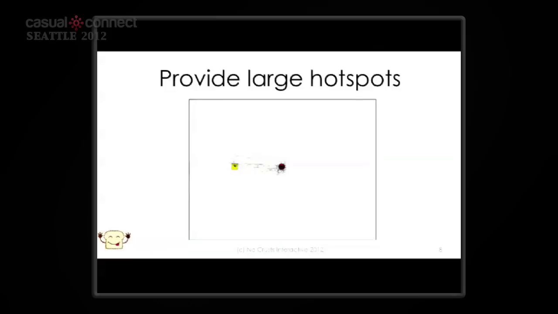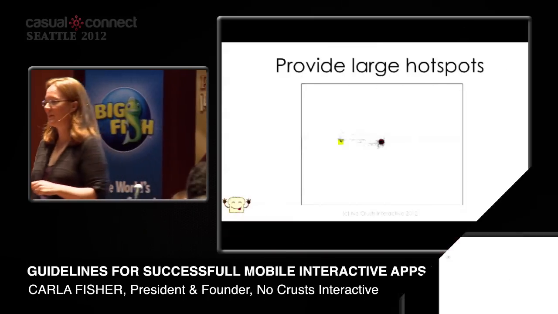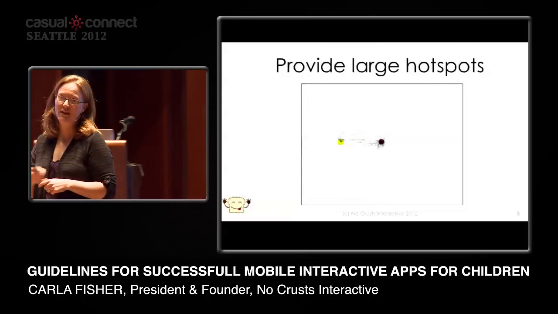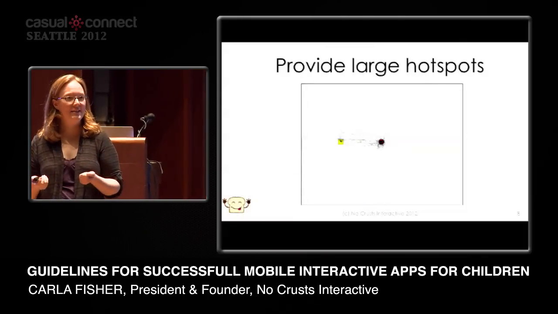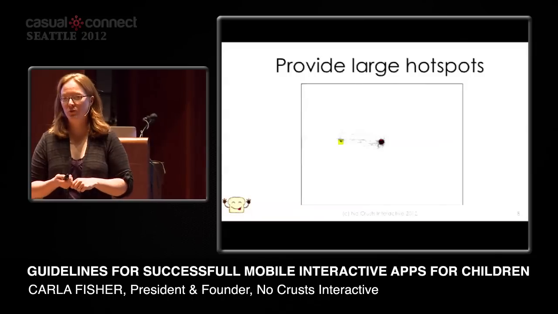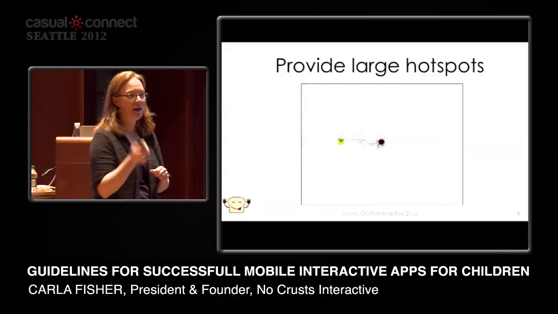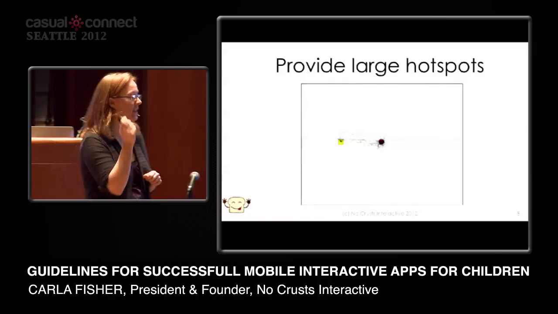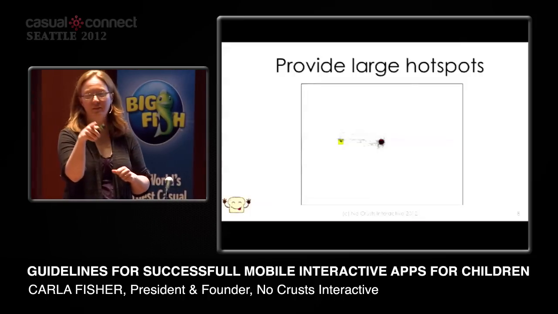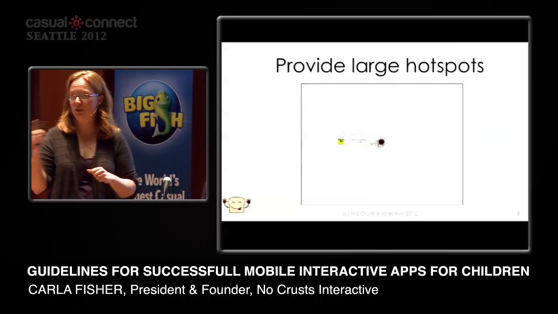Large hotspots. And I'm sorry, this image, unfortunately, has gotten pretty degraded. This is from dissertation research from like 2003 of J.P. Auercade. And he basically was asking adults, 5-year-olds and 4-year-olds to click on 2 targets that were about 250 pixels apart. And he did it with a mouse, and they clicked on the left yellow box and then clicked on the right red circle, and he tracked the paths.